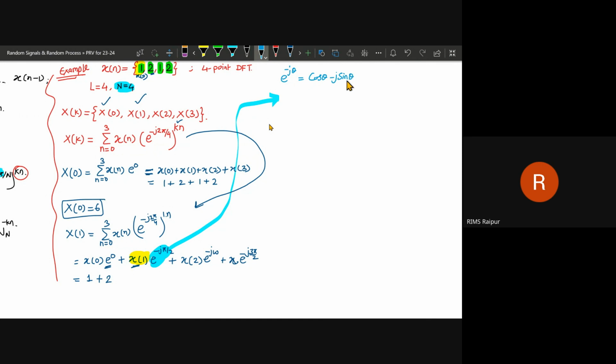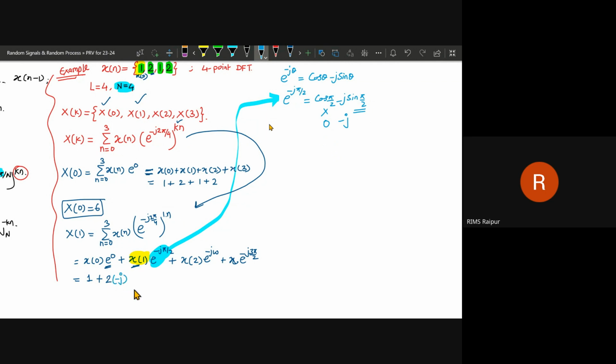So e raised to power minus j pi by 2 will be cos pi by 2 minus j sine pi by 2. The value of cos pi by 2 is 0 and sine pi by 2 is 1. So you will get minus j.